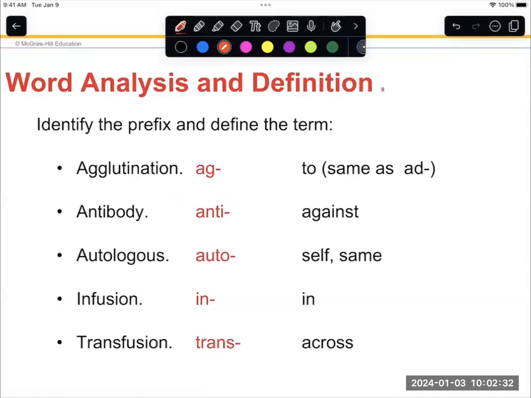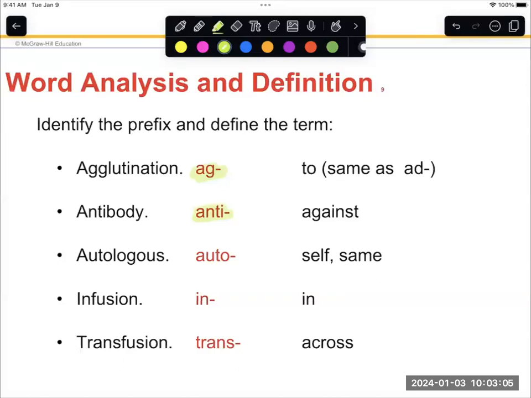Agglutination, that prefix ag means to, the process by which cells or other particles adhere to each other to form clumps. Antibody, our prefix anti means against.